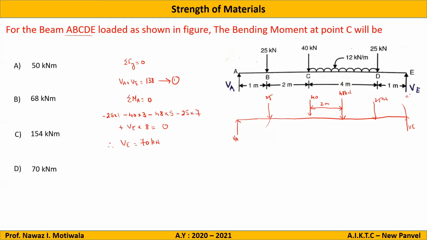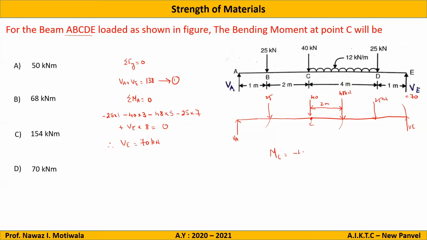As I got the answer for VE, I don't need VA because I will consider only the forces on the right side. Now, I want to find the moment at C. To find the moment at C, consider all the forces only on the right side of point C, or the left side. So let me consider only the right hand side. The right side forces are this one, which is making a clockwise movement.